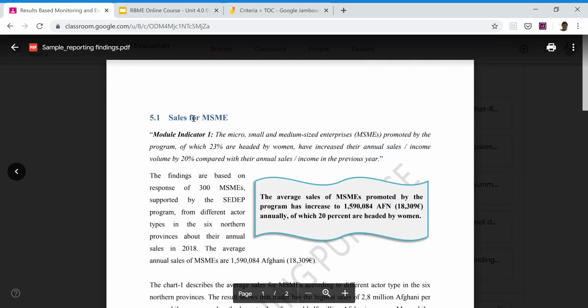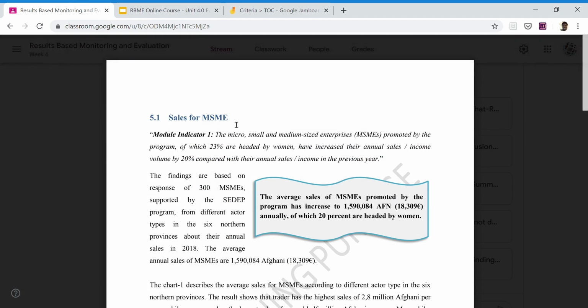This is a program that actually wanted to empower MSMEs and farmers in Afghanistan, and one of the indicators is percentage increase in annual income of MSMEs, and you can see how this was coined as the result.